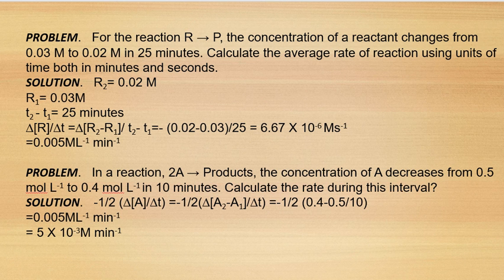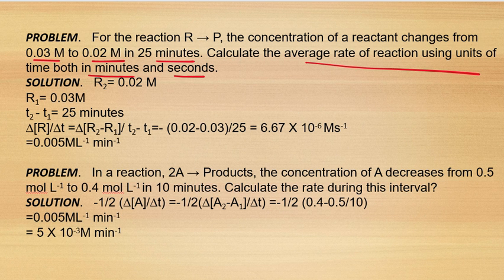Now let us look at this numerical. For a reaction R giving P, the concentration of reactant changes from 0.03 molar to 0.02 molar in 25 minutes. Calculate the average rate of reaction in both minutes and seconds. From the question you have got the time interval, that is 25 minutes, so that will be delta T, and the difference in the concentration of reactants will be 0.01.